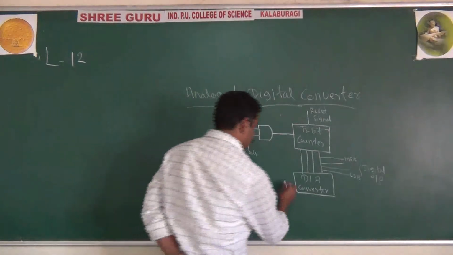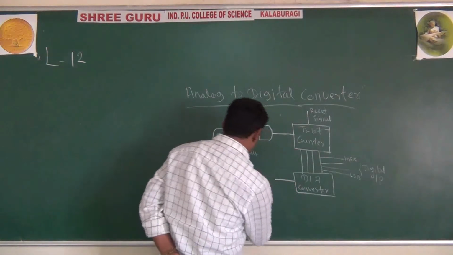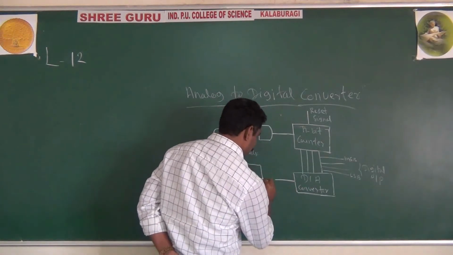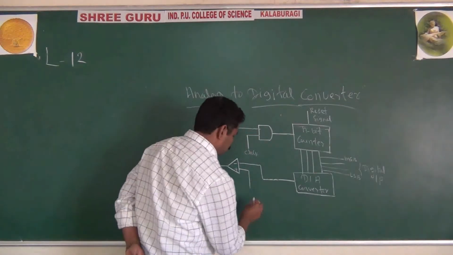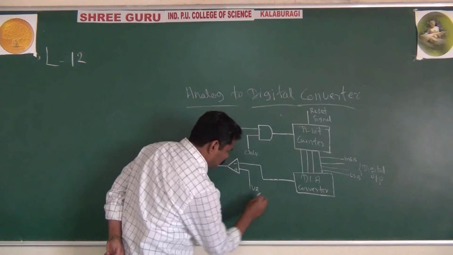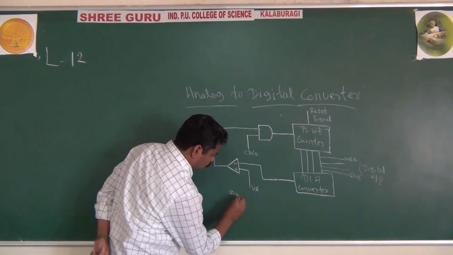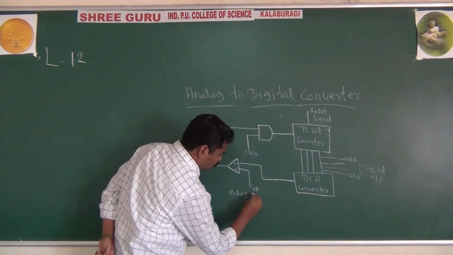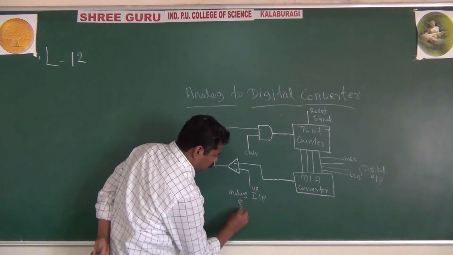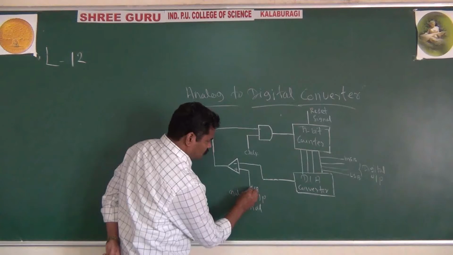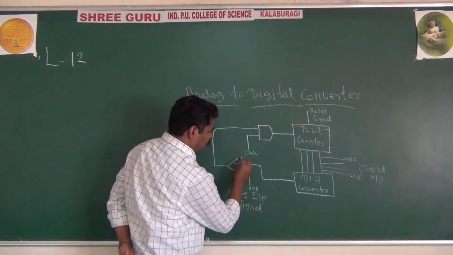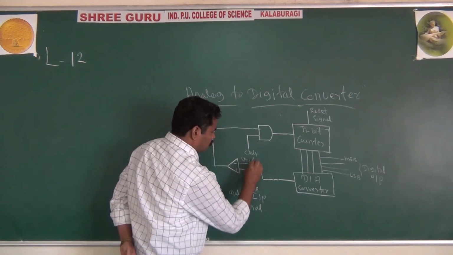The output of the D2A converter is connected to one of the terminals of the comparator, and here you apply VA. You apply another input signal, which is nothing but your V reference.